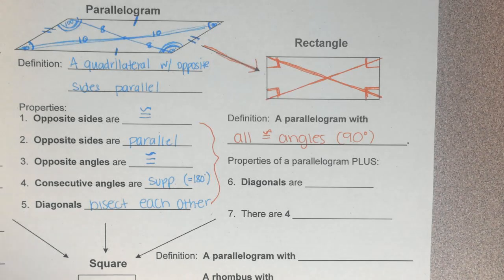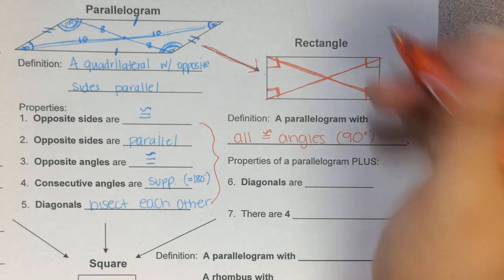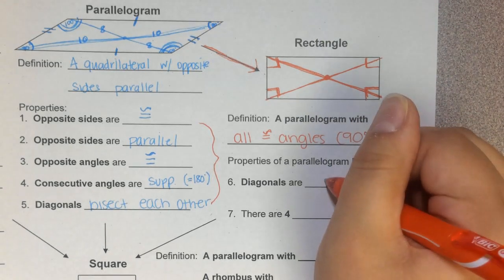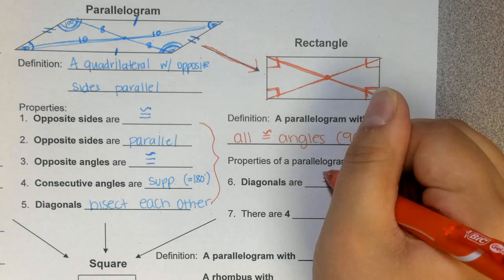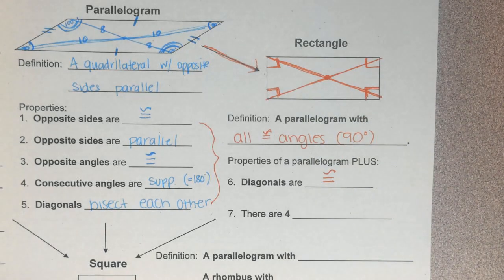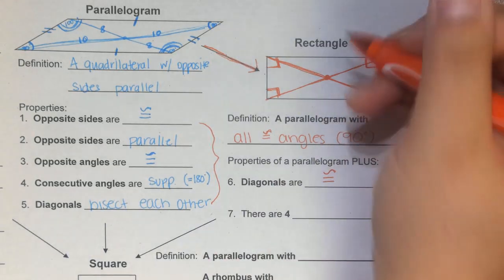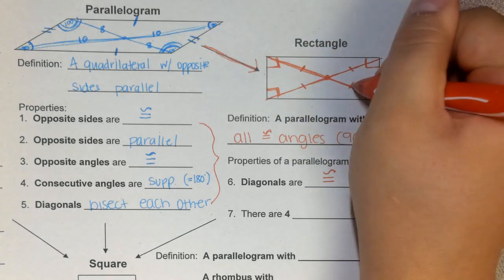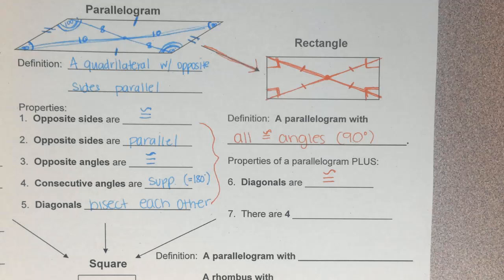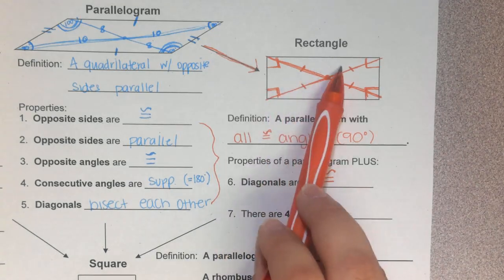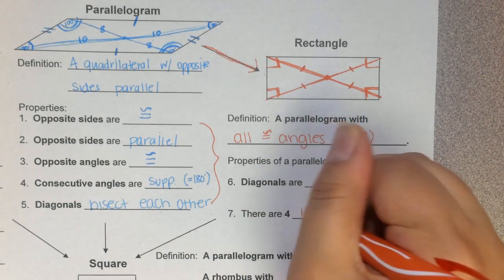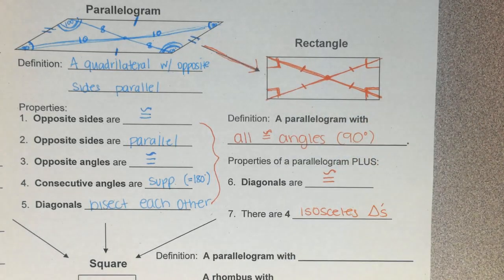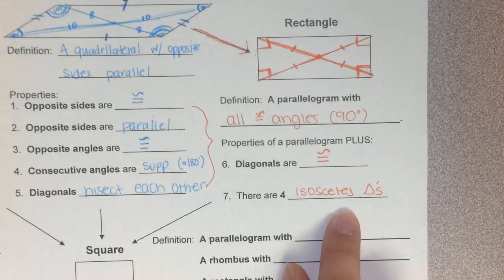That they bisect each other, correct, but for a rectangle, it would be the same. For a rectangle, the diagonals are the same. So whatever this diagonal is, that's what that is, that's what that is, that's what that is. Because of that, what kind of triangles does it create here? 4 isosceles triangles. It creates isosceles triangles. Please write that down.